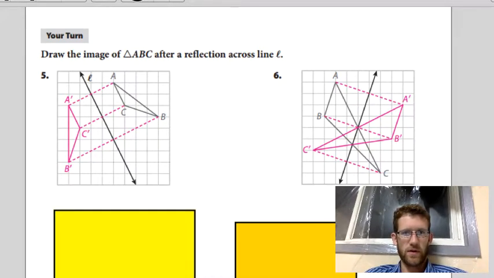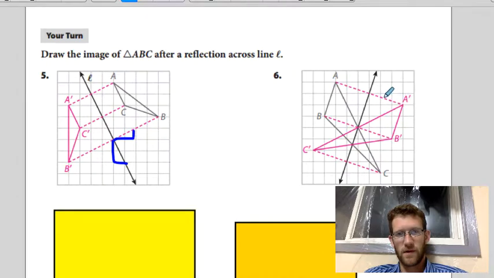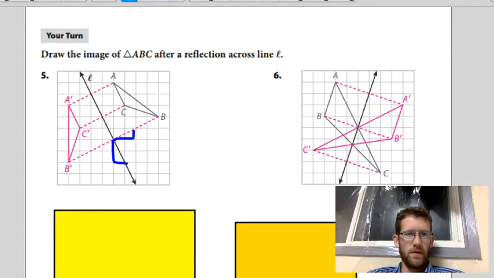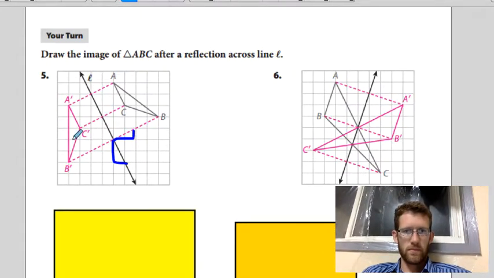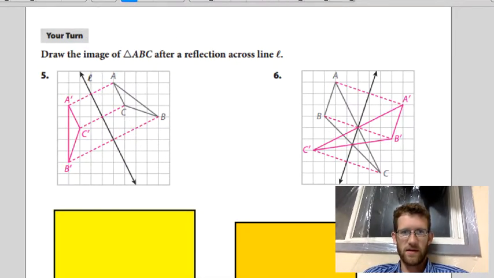This one has a slope of -2, right? Down 2 over 1. So therefore, these segments have a slope of 1/2. Similarly, this one has a slope of 3. So these segments have a slope of -1/3. I'll write those values down because that'll make it a little easier. This one has a slope of, what did I say, -2.